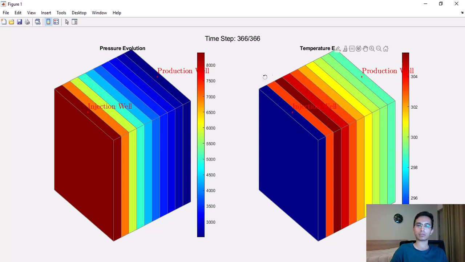All right, and we also have a little bit of temperature reduction because of the pressure reduction near the production well. All right, because when the pressure drops, the enthalpy is reduced, and when the enthalpy decreases, the temperature drops. And we can see that temperature reduction near the production well.